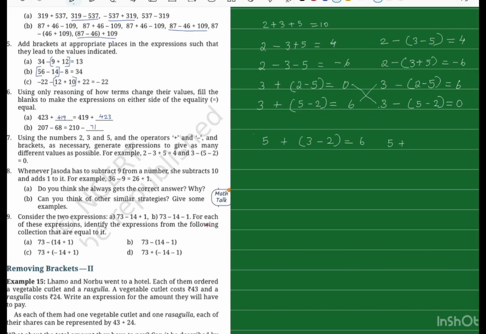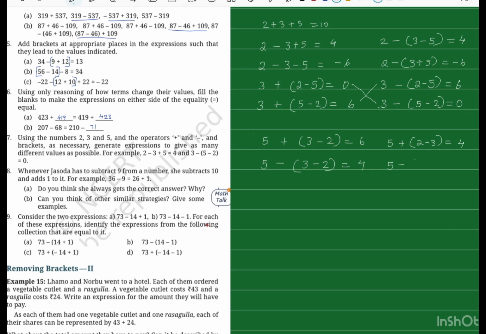Just interchange the numbers in the bracket, 2 minus 3, then we get 5 plus 2 minus 3 is minus 1, so 5 minus 1 is 4. Next we can write minus sign first, then 3 minus 2, that is equal to 3 minus 2 is 1, so 5 minus 1 is 4.